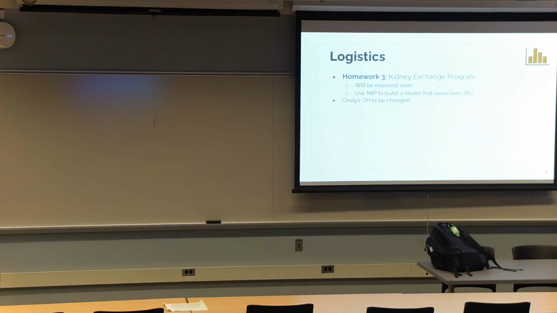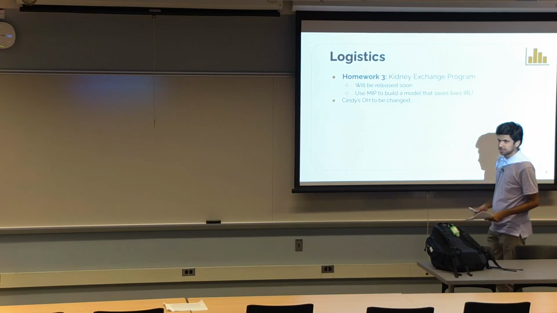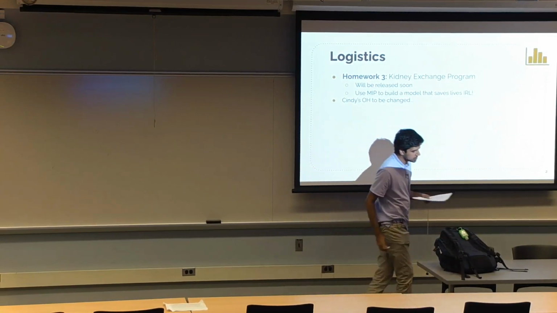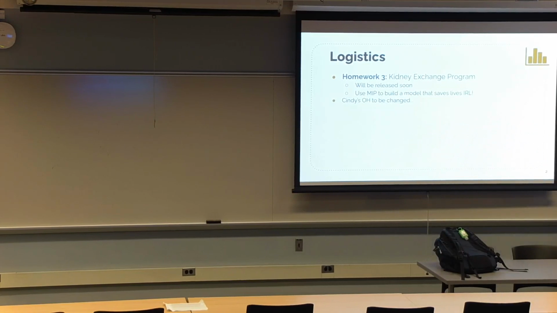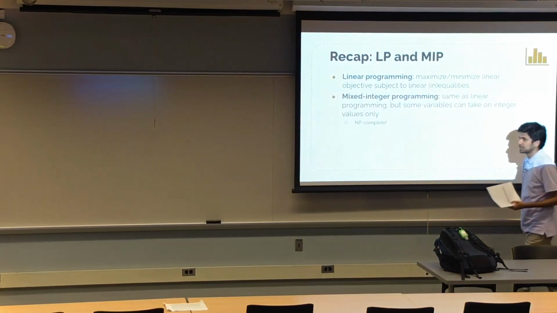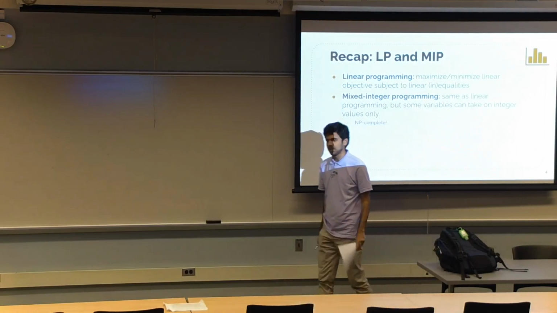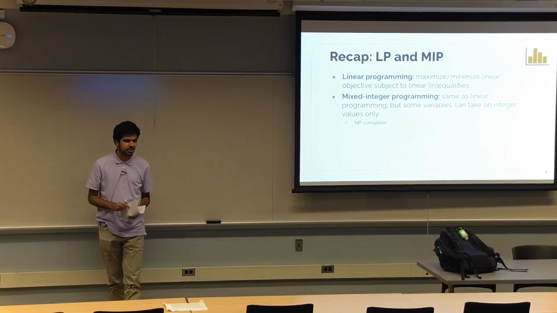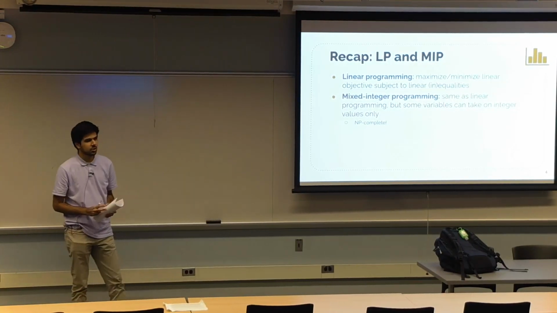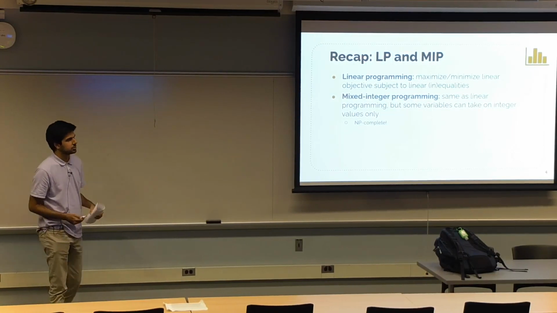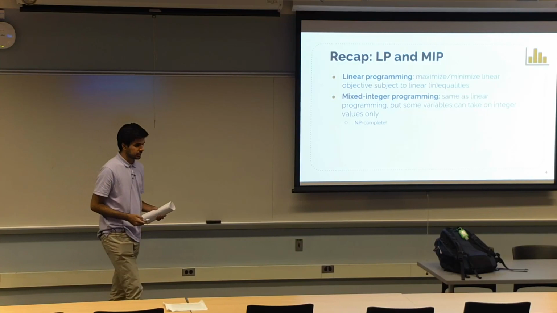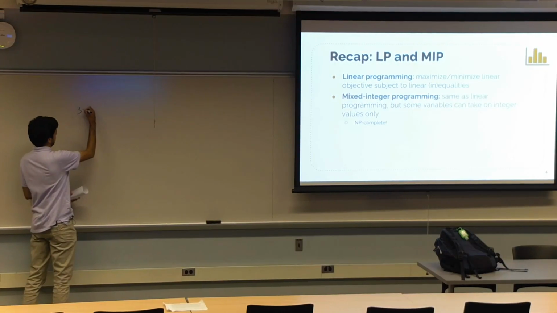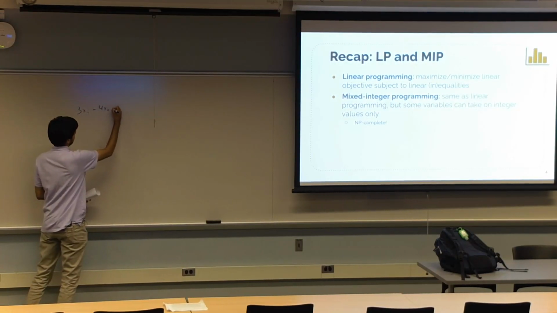Yeah, so 2 weeks ago we talked about linear programming and mixed integer programming. Today is essentially going to be a continuation of that, as there's still a lot to cover. So just as a brief refresher of what linear programming and mixed integer programming are, we're now diving into the space of optimization problems, where we have some sort of function that we're aiming to maximize or minimize. So with linear programming, the function was a linear function, something with coefficients and variables being multiplied together.